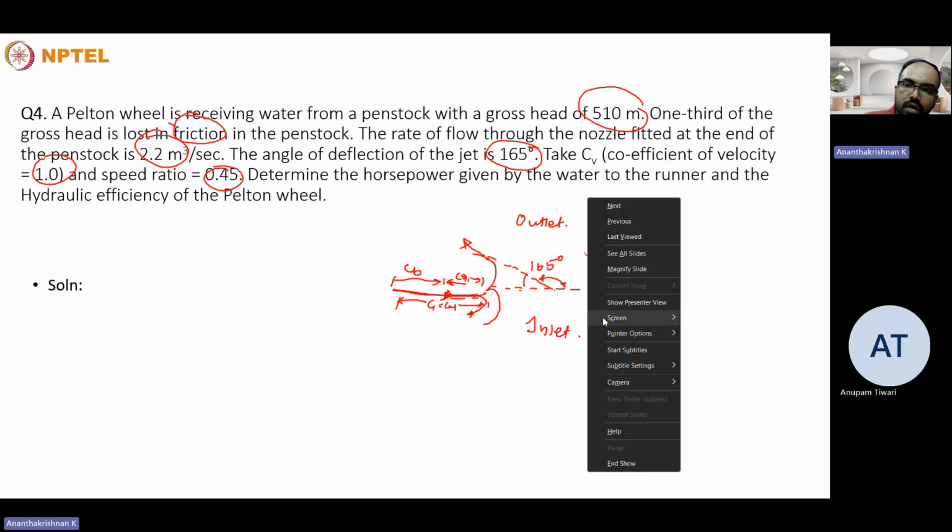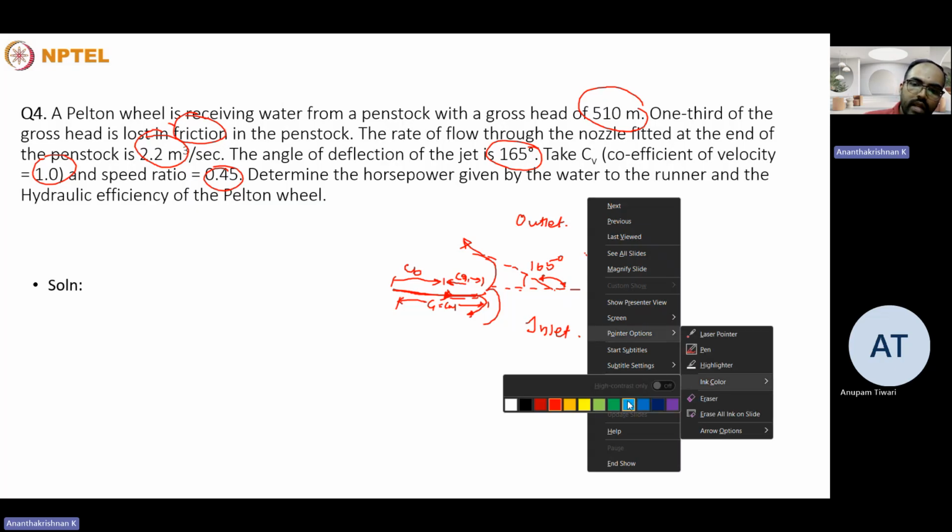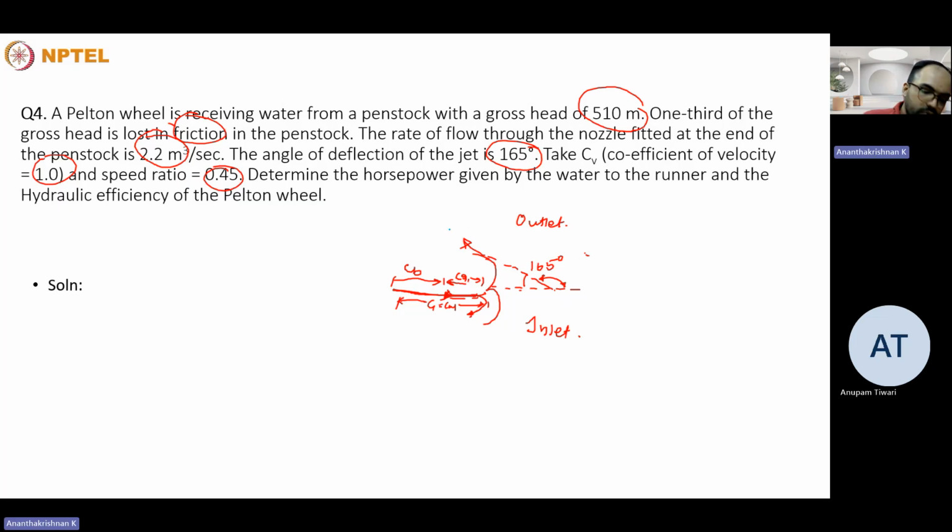Similarly, we have to draw the outlet velocity triangle. That will be a proper triangle. So there will be a relative velocity component, and then that will be CR2. So that will be at 165 degrees from the incoming direction. So it will be deflected back, right?